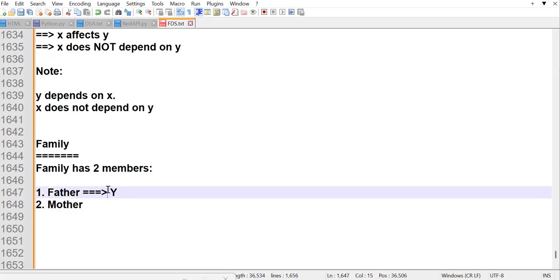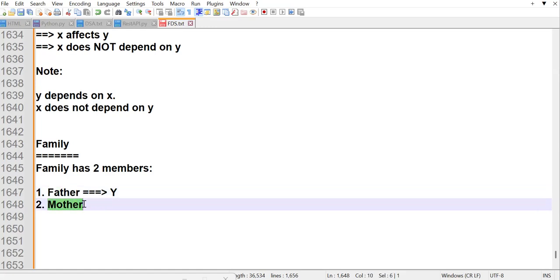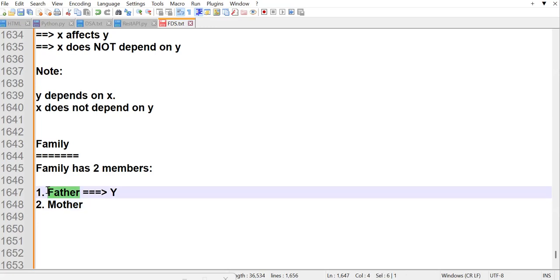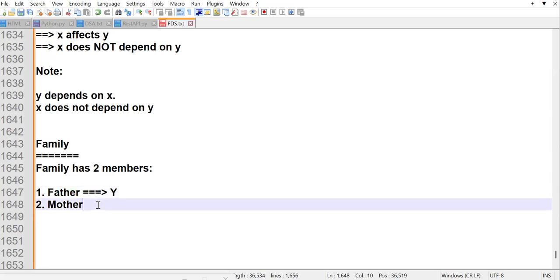If he is not earning more, then he will not be able to provide a good lifestyle. So father is dependent variable. If mother is doing a lot of shopping, who will be affected? Father will be affected.